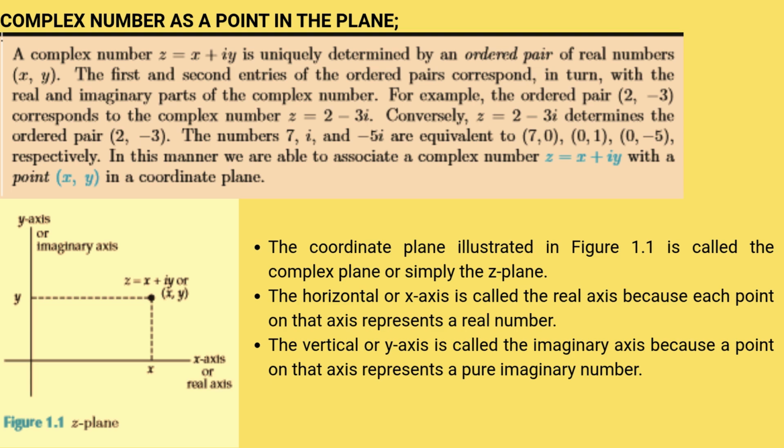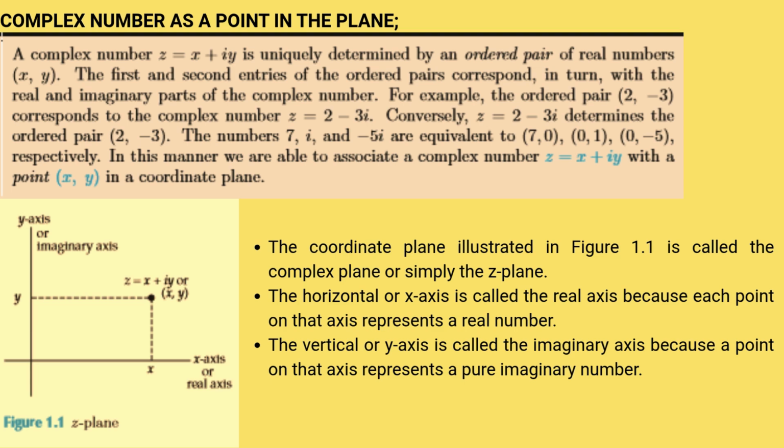The horizontal or x-axis is called the real axis because each point on that axis represents a real number, and the vertical or y-axis is called the imaginary axis because a point on that axis represents a pure imaginary number. So this is about the complex plane and how we can represent a complex number as a point in this plane.